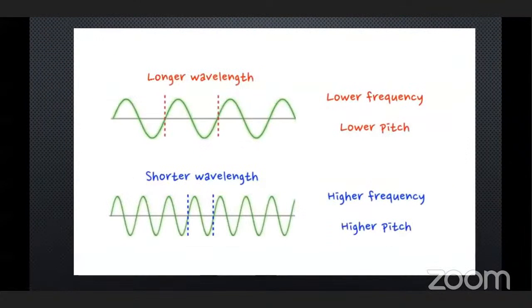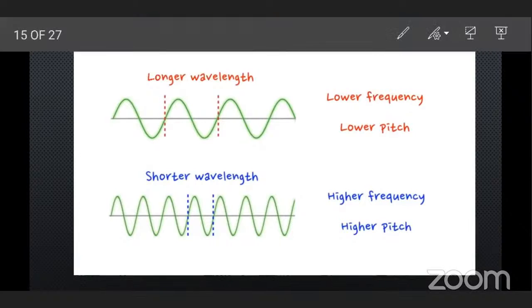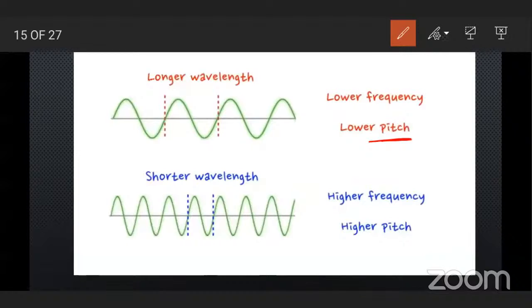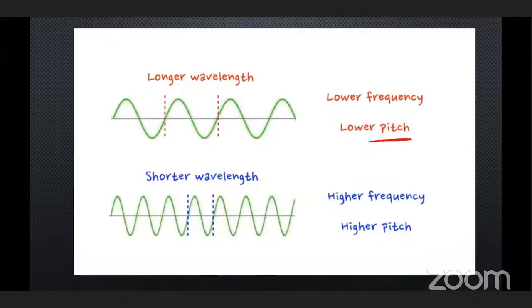Now see, if the wavelength is longer, the frequency is lower. Remember this point. If the wavelength is longer, the frequency will be lower and the pitch of sound is also lower. We will see this afterwards. Remember this: the longer the wavelength, the lower the frequency, and the shorter the wavelength, the higher the frequency.